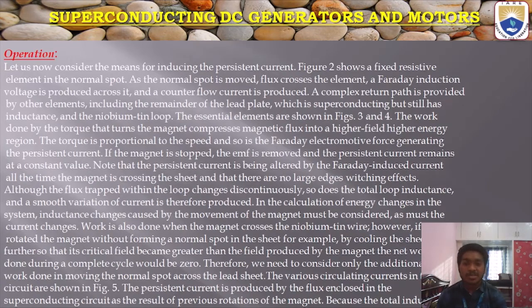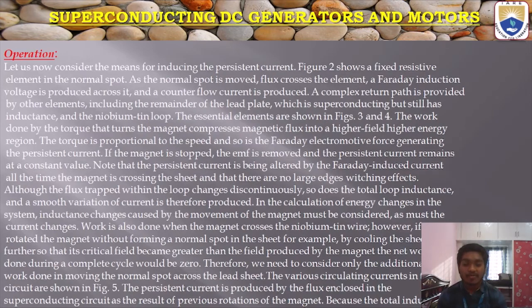Note that the persistent current is being altered by the Faraday induced current all the time the magnet crosses the sheet, and there are no large edge switching effects. Although the flux trapped within the loop changes discontinuously, so does the total loop inductance, and a smooth variation of current is therefore produced. In the calculation of energy changes in the system, inductance changes caused by the movement of the magnet must be considered as much as the current changes.